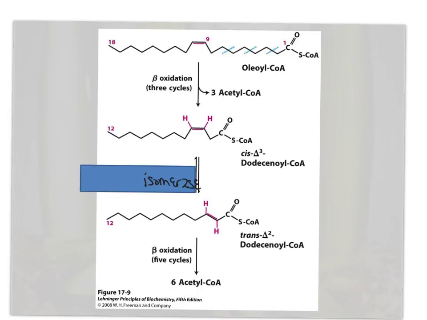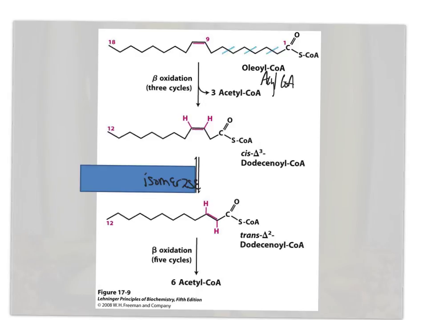Okay. Now we have to name this specific isomerase. So to review so far, remember this oleoyl, it's hard for me to say, I'm just going to call it acyl-CoA.